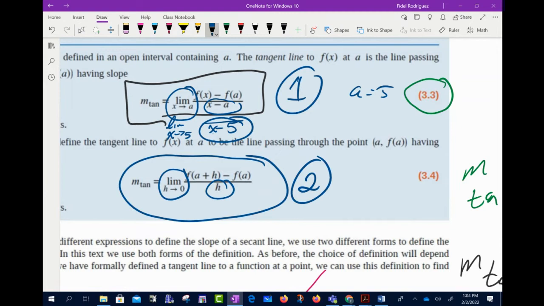What's my denominator going to be approaching here? 0 as well, right? So the denominator is still going to be approaching 0. Which formula do you want to use? You get to decide. Do I want to use the first one? Do I want to use the second one? You're going to end up with the same thing. Remember, we did it right now, and for both of them, you still got the slope being 6. You just get to choose which one you're going to use. Does that make sense? Okay.